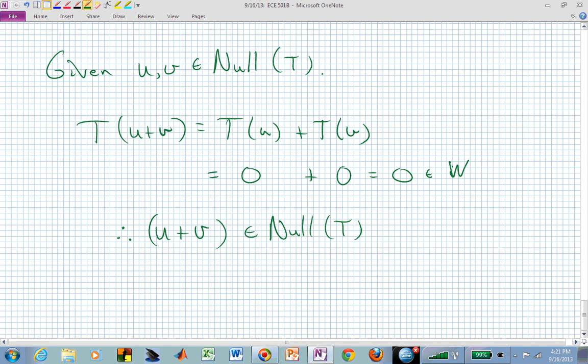Since u and v were arbitrary vectors in the null space of T, we've now concluded that the null space of T is closed under addition.